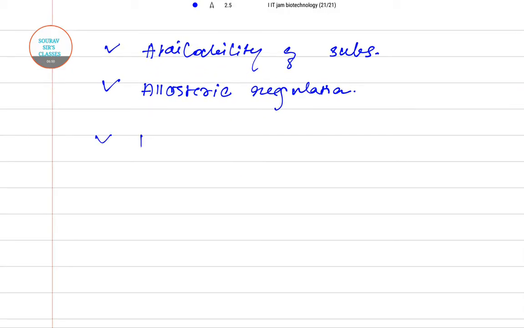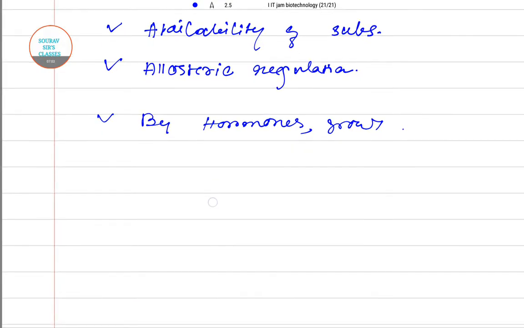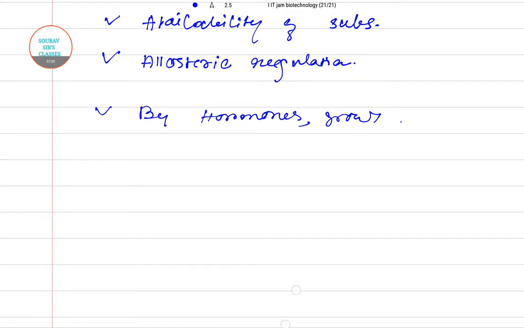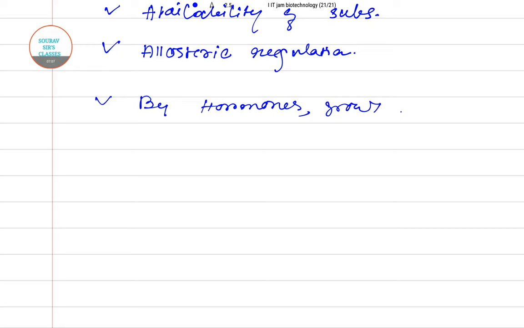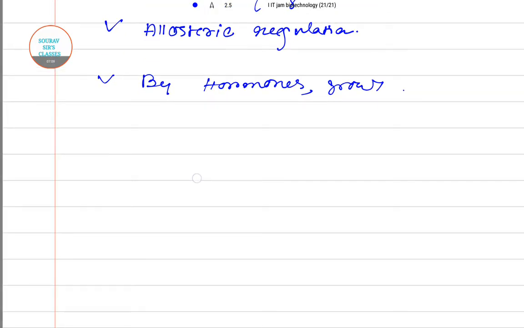The third one is by growth factors and hormones. Then there are extracellular signals, intercellular signals that give rise to these metabolic reactions.